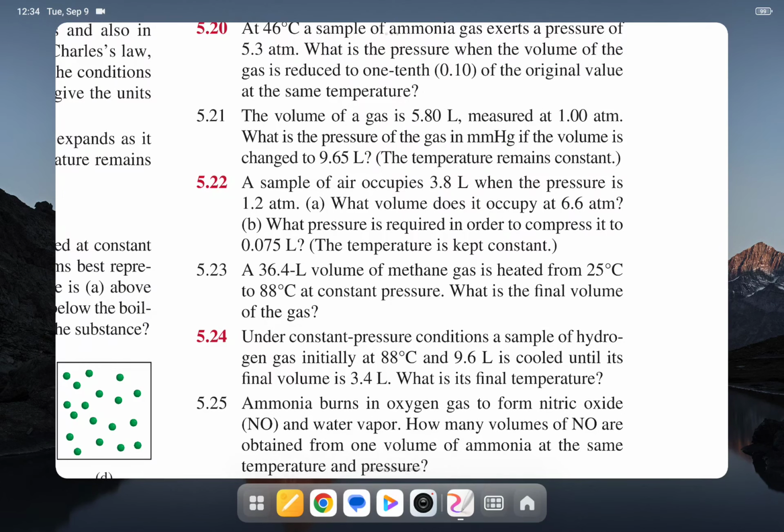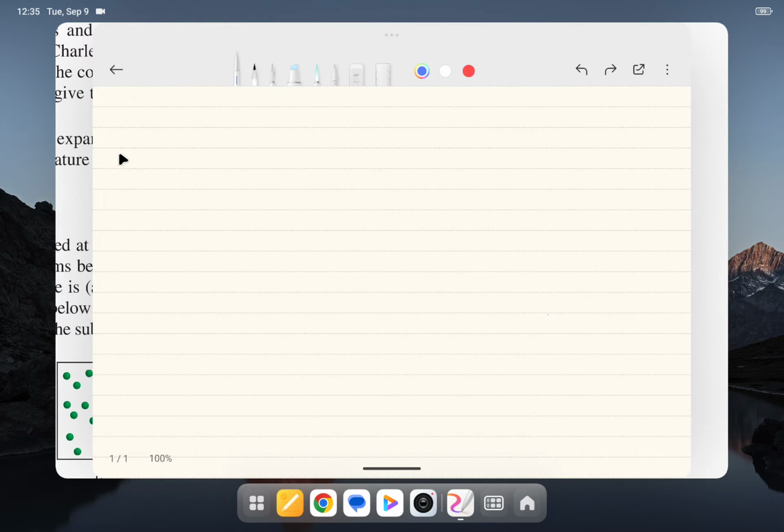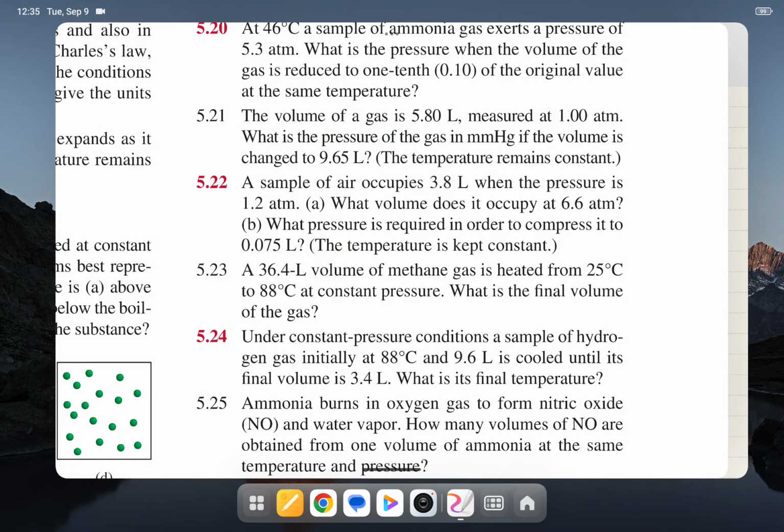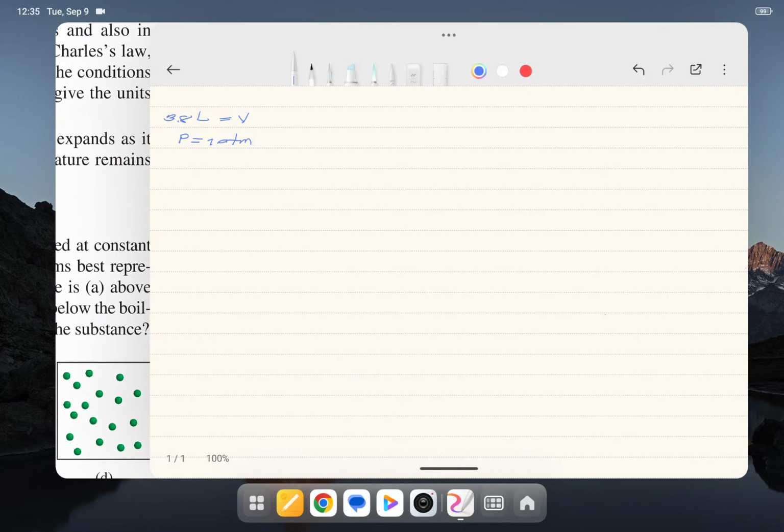Okay, let's try this. 3.8 liters, 1.2, 6.6 ATM.